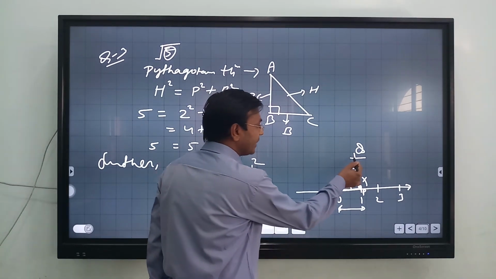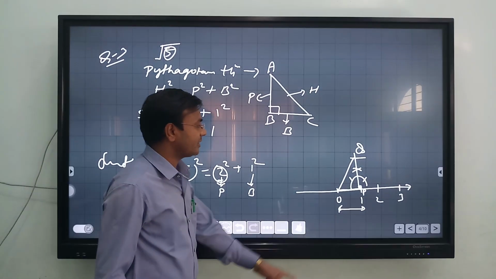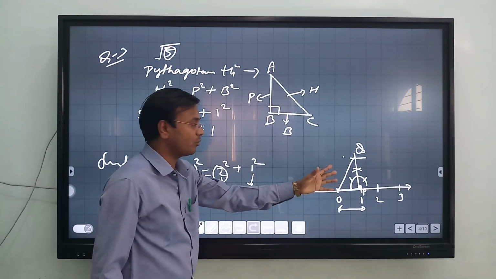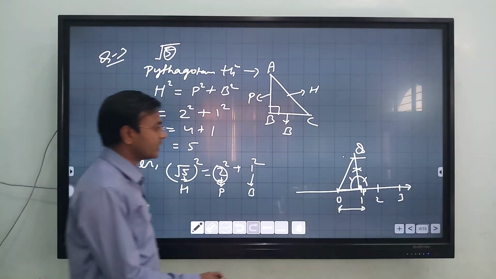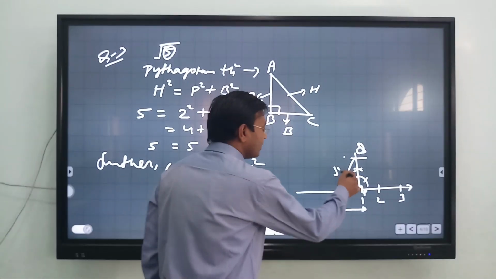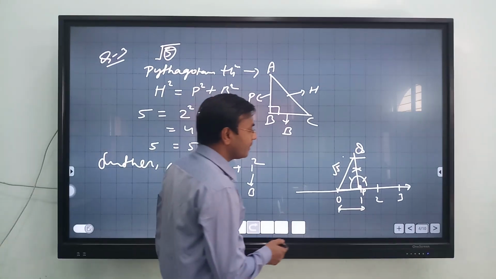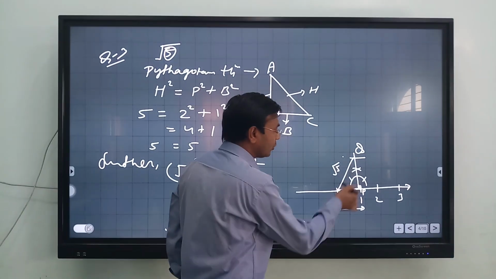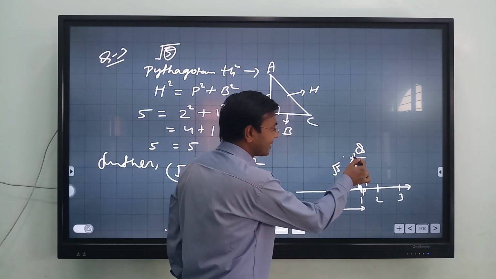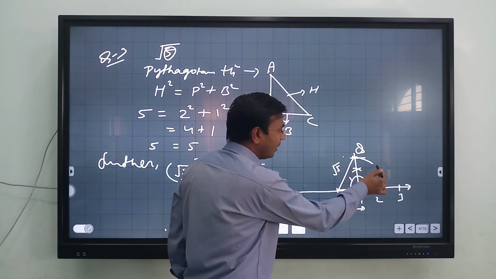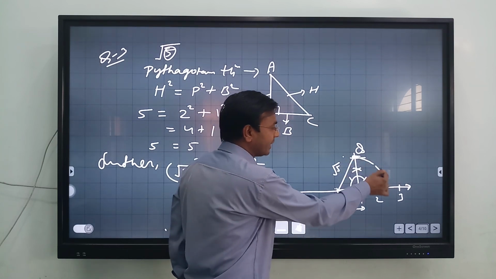Now join Q to O. So we clearly see this is going to be the hypotenuse. And what is the hypotenuse? Mathematically it is under root 5. So the length of OQ is going to be under root 5. Now take O as center with radius OQ and draw an arc.